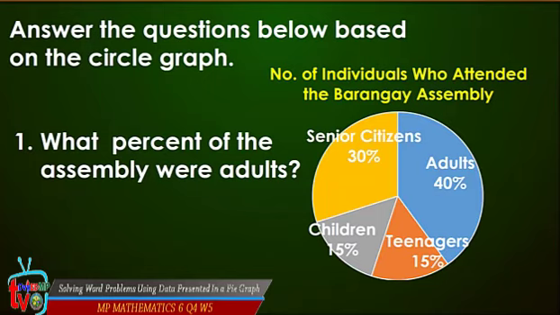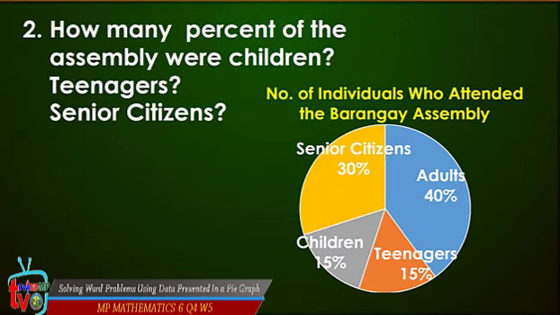Number 1, what percent of the assembly were adults? Number 2, how many percent of the assembly were children? Teenagers?